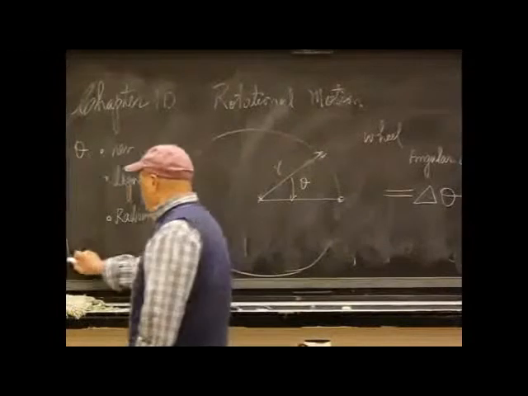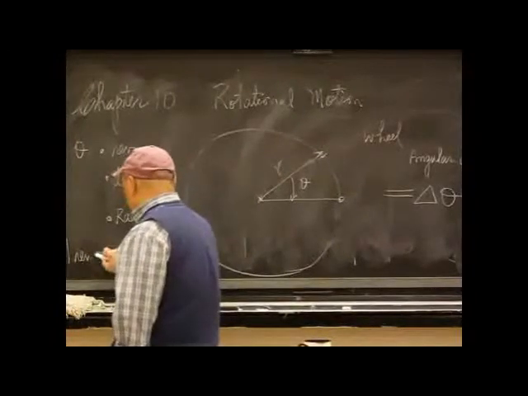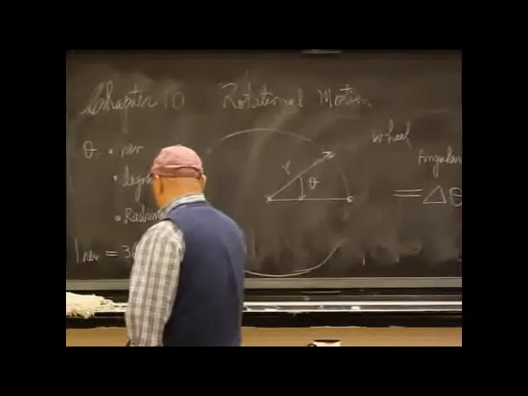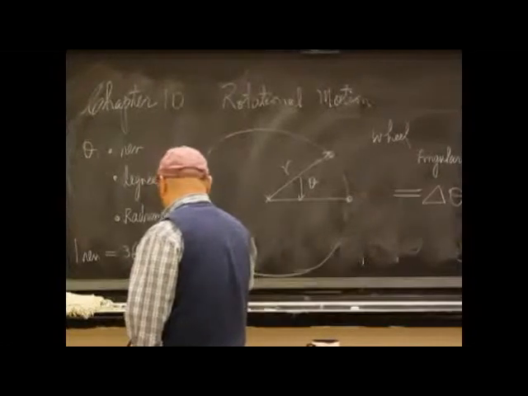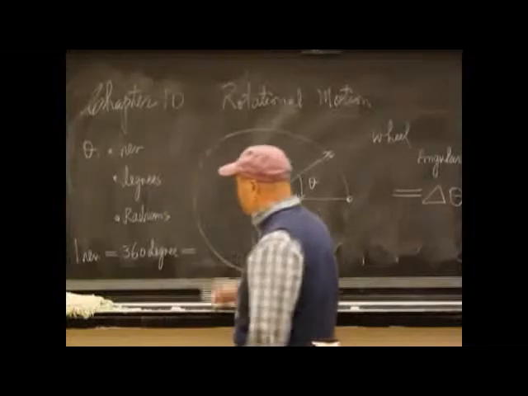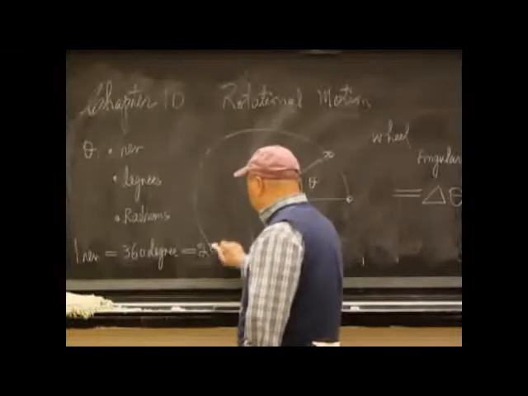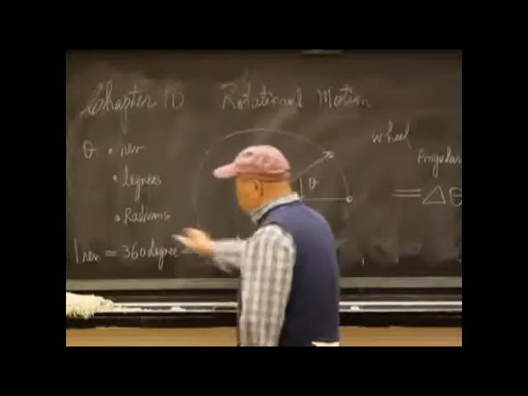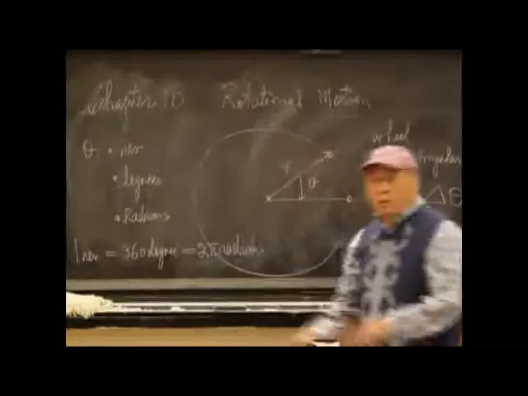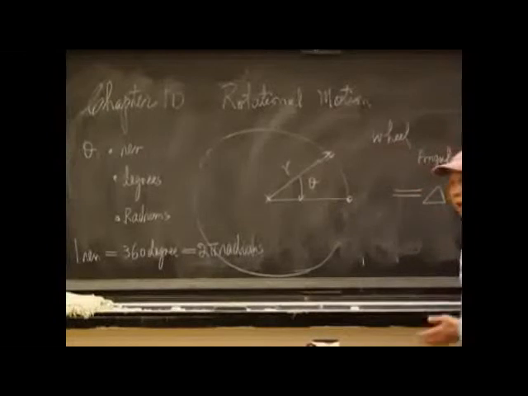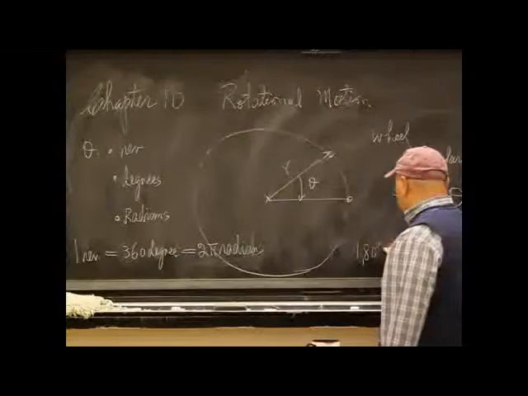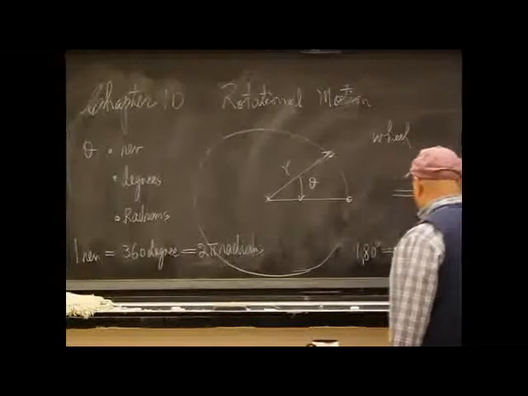One revolution is equal to 360 degrees. That is equal to 2 pi radians. From this, you know how to make the conversion. So in that case, 180 degrees is equal to pi radians.